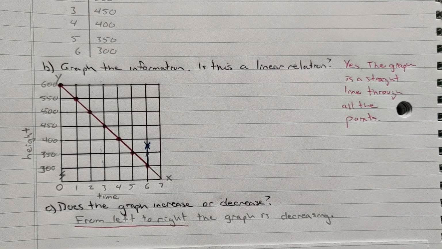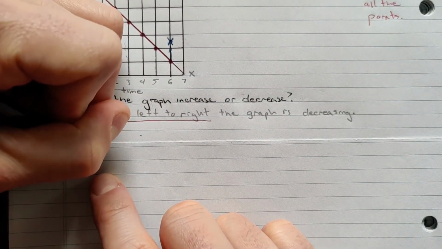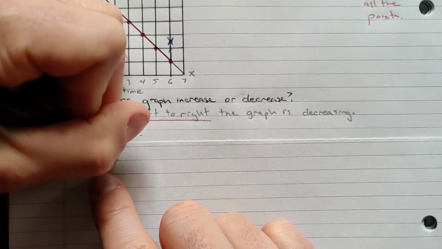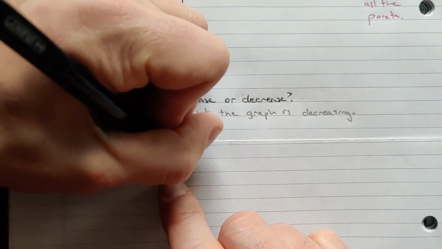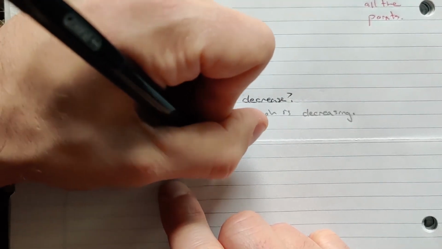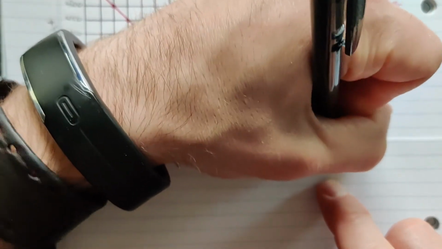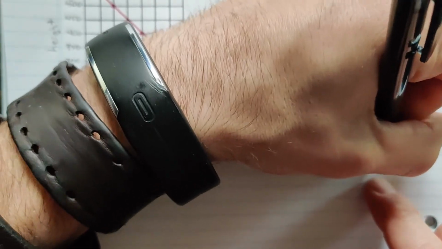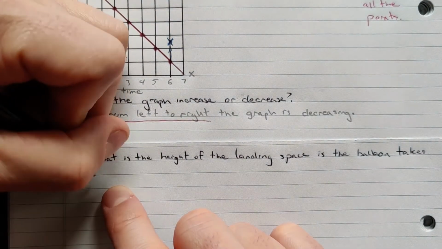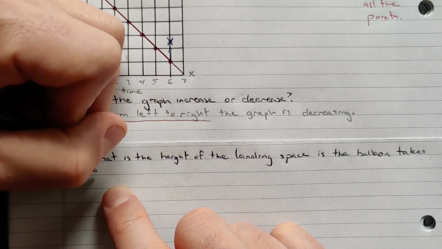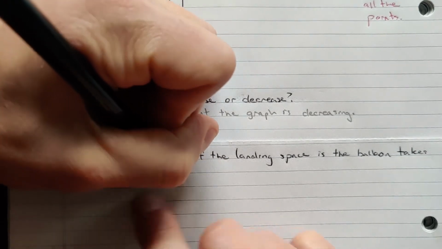So the last part here, and I forgot to write the actual question down, but what is the height of the landing space if the balloon takes, let's say, 9 minutes to descend.